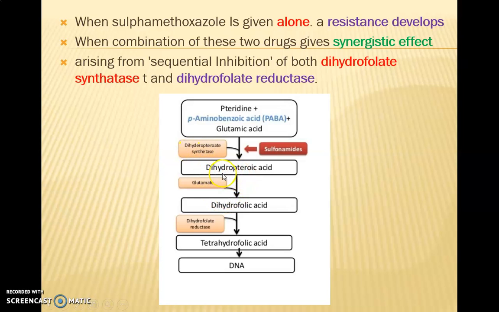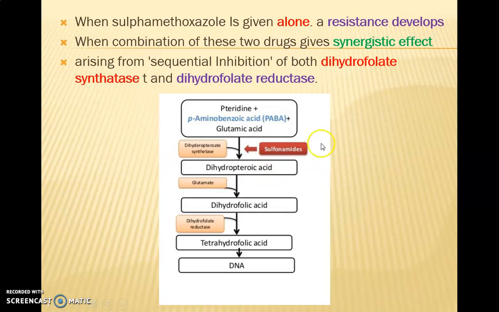And when this dihydropteroic acid combines with the glutamate, it will form the dihydrofolic acid, and dihydrofolic acid undergoes reduction to form tetrahydrofolic acid with the help of the enzyme dihydrofolate reductase. And this tetrahydrofolic acid helps to replicate the DNA, and the DNA gets replicated, and hence the cell, particularly the bacterial cell, will multiply.